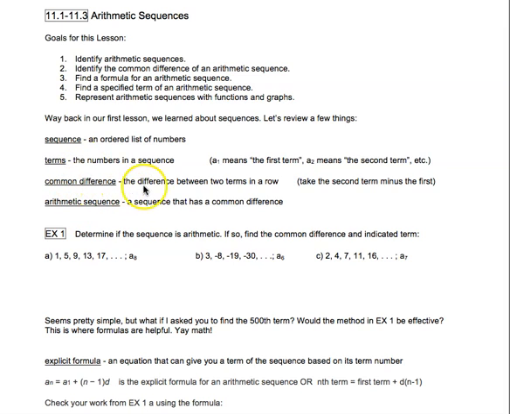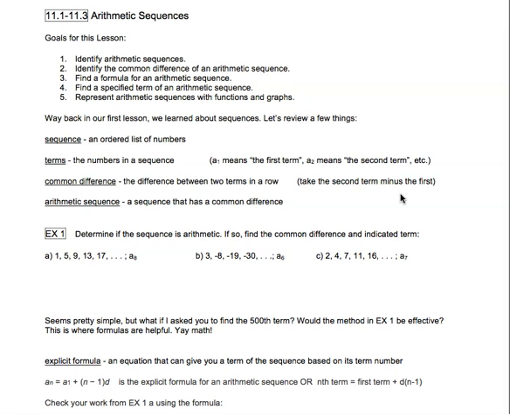The common difference is the difference between two terms in a row. So for instance, you take the second term minus the first. It does work for any two terms that are right in a row. So it doesn't have to be second minus first. It could be sixth term minus fifth term.